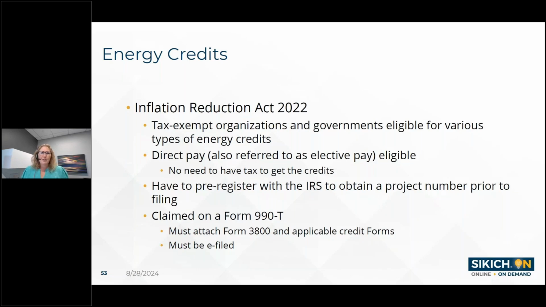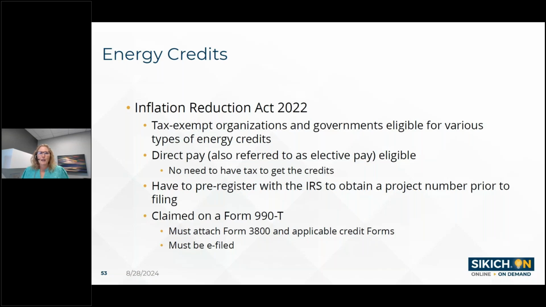And it does require that you attach some additional forms to it. So it's a fairly simple filing, but it does include a Form 3800, and then there are additional forms for each type of credit that you would also need to attach.